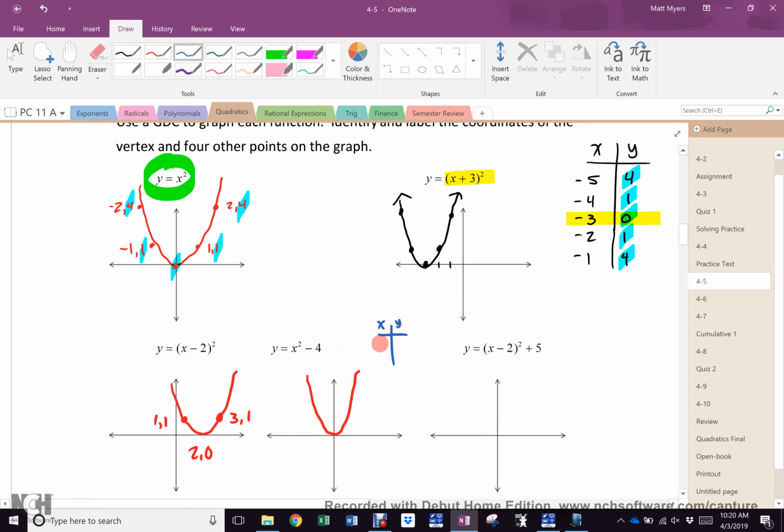I'm going to use x, 1, 0, and -1. I only need 3 points. What is 1 squared? 1 minus 4? -3. What is 0 squared? 0 minus 4? What is -1 squared? Minus 4? -3.